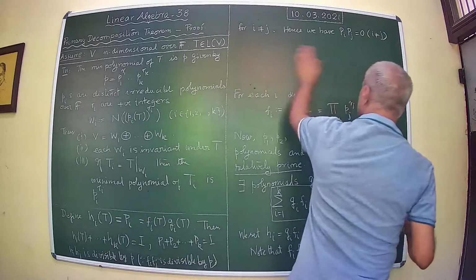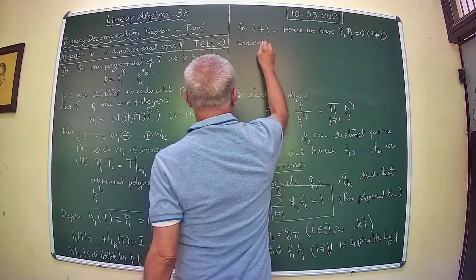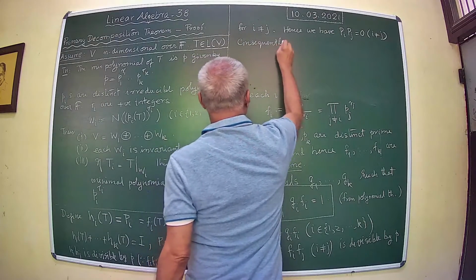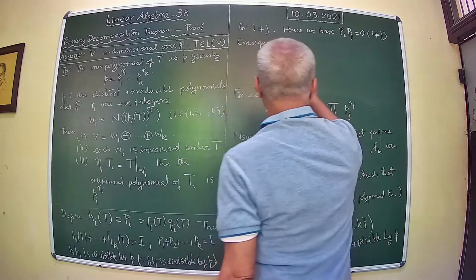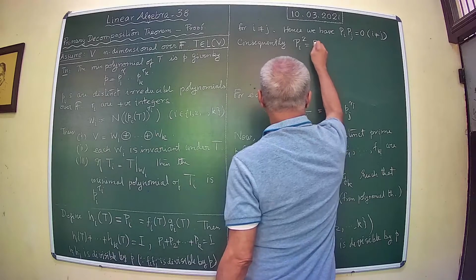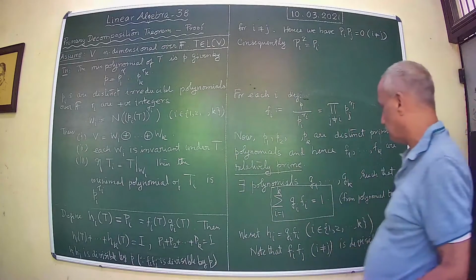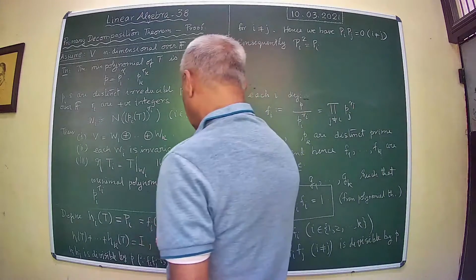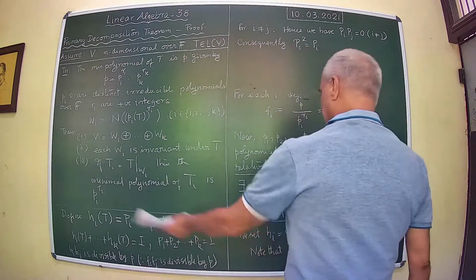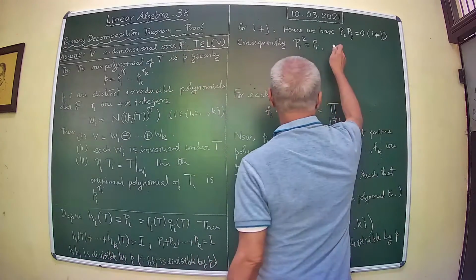Consequently, we have Ei squared equals Ei. Quite simple: you take this sum and then multiply by Ei, so you get this property.